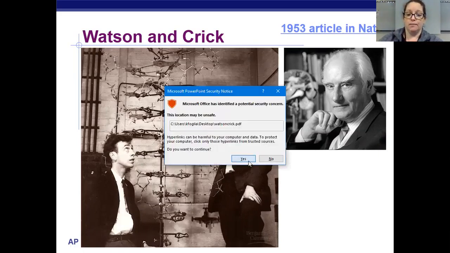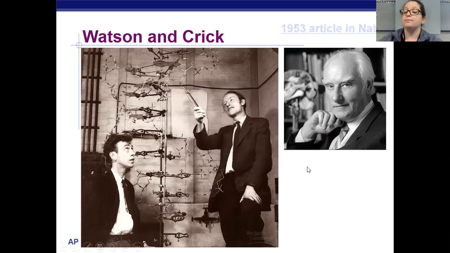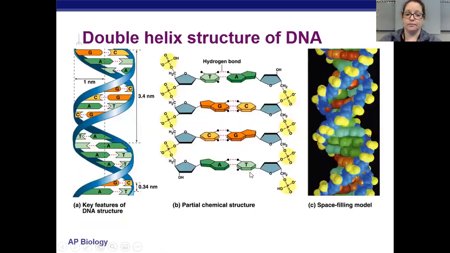They wrote a very beautiful one-page paper about their discovery. That's how they published it to the world in Nature in 1953, with the mic drop ending sentence, something along the lines of, I'm sure we've already talked about it, it has not escaped our notice that the structure of DNA implies a mechanism for replication, or something like that.